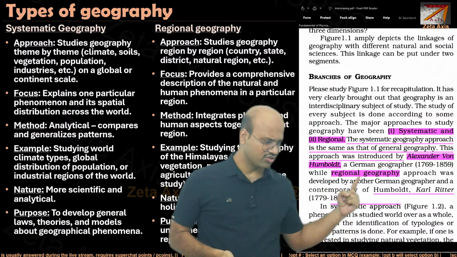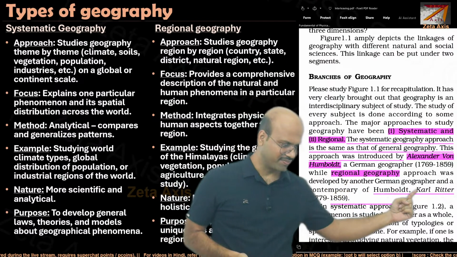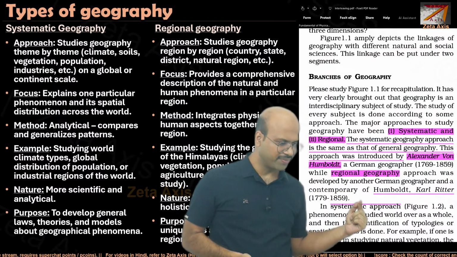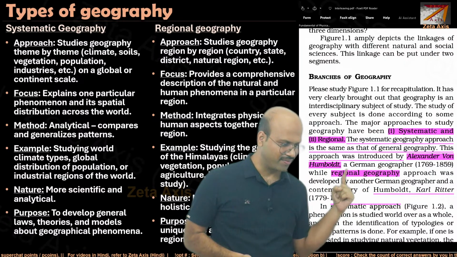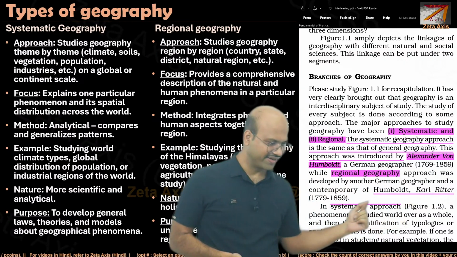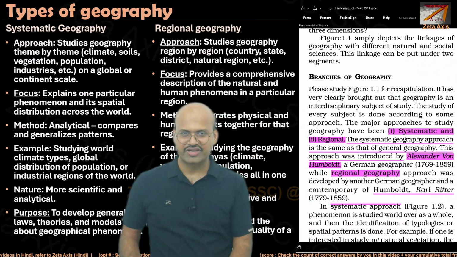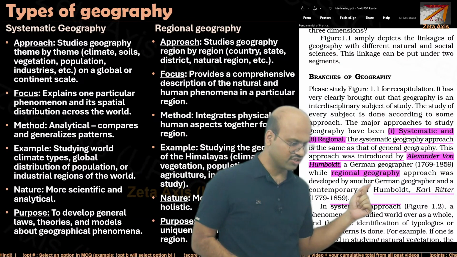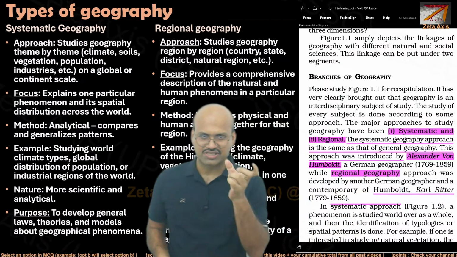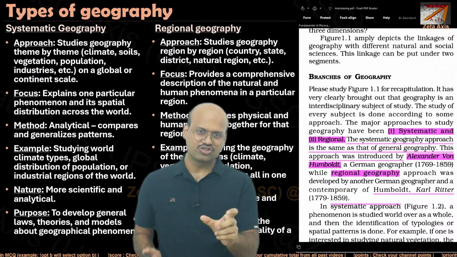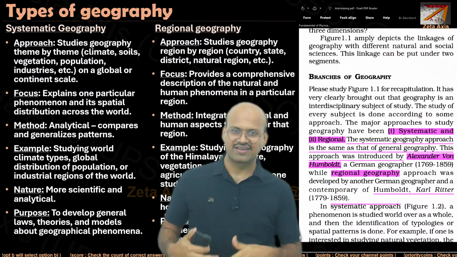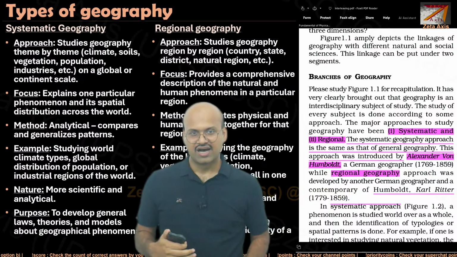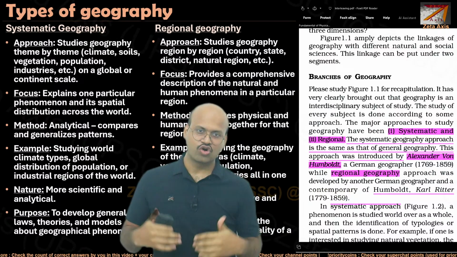Then comes regional geography, which was developed by another German geographer and contemporary. So both these people, Alexander von Humboldt and Karl Ritter, were contemporary, that is they existed in the same duration. And he gave regional geography, where the approach is basically to study a particular location. So you take a smaller location, like Delhi, and then you study various characteristics of Delhi in a holistic manner.